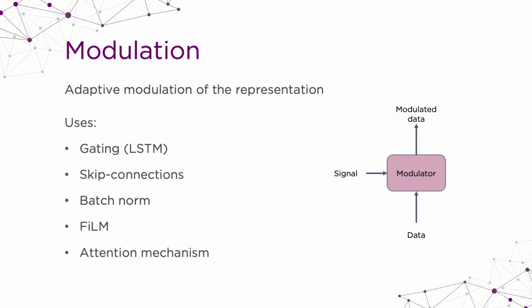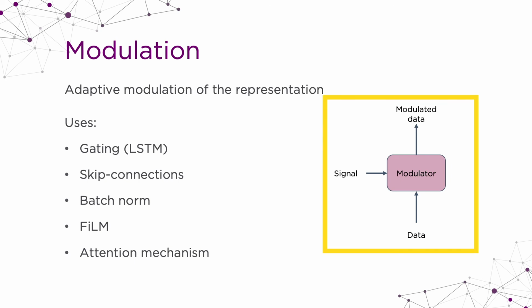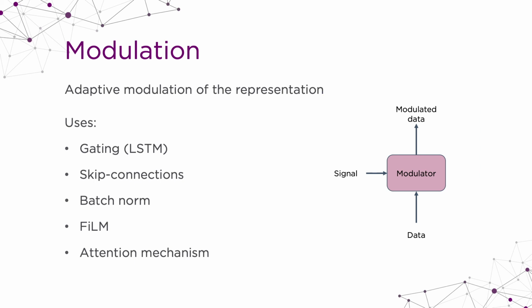So the modulation pattern is using a module to try to change the range of your representation. People had the idea of deep learning with the compositionality principle for many years, but only 10 years ago they were able to really train a deep neural network.